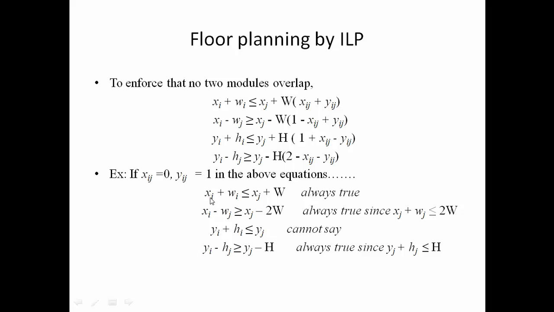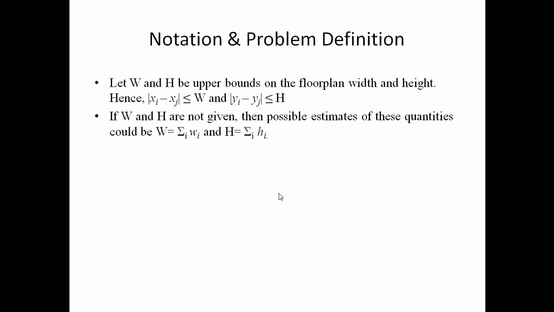It's saying xi plus wi is lesser than xj plus capital W. Now capital W in this equation is the total width of the floor plan. Okay, the total possible width, or we can say the upper bound on the floor plan width, and capital H is the upper bound on the floor plan height.